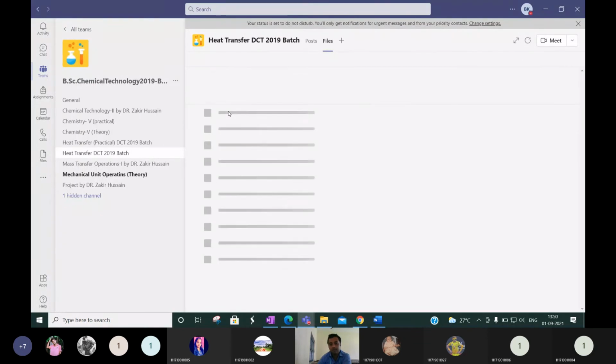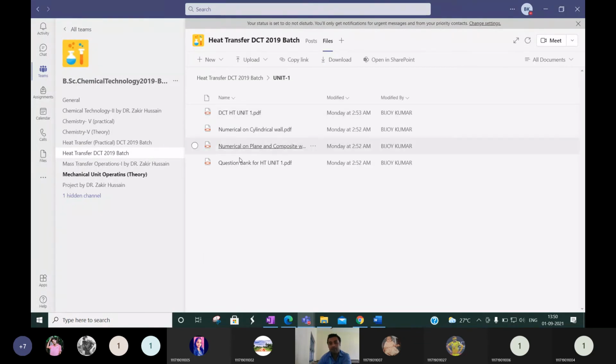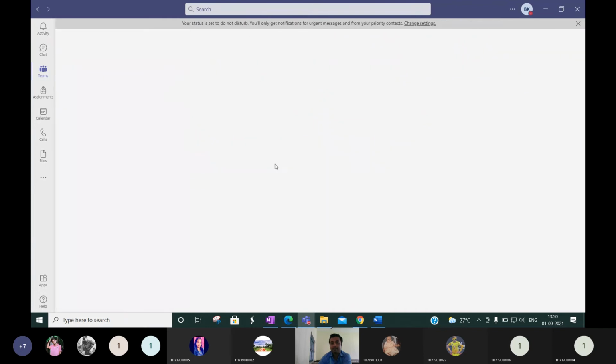Then this unit 1. You will see the first one is DCT-HT unit 1. This contains the theory parts, all the theory parts. Then the last part, you see the question bank for heat transfer unit 1. Question bank means what? It contains various types of numericals. Okay, let me open it.